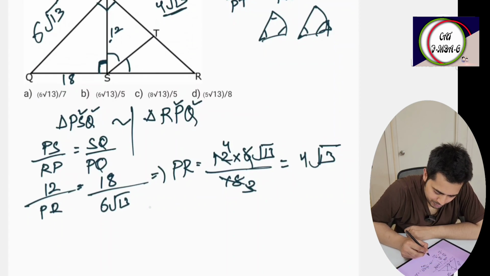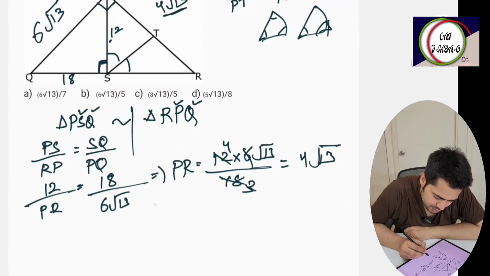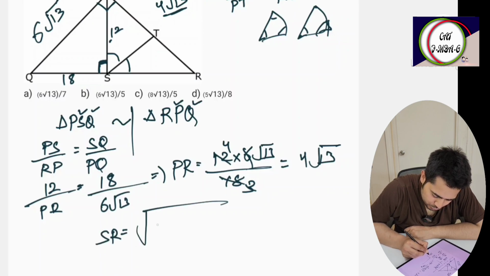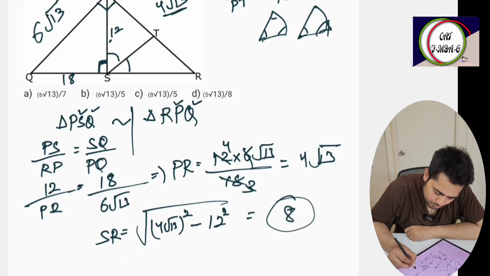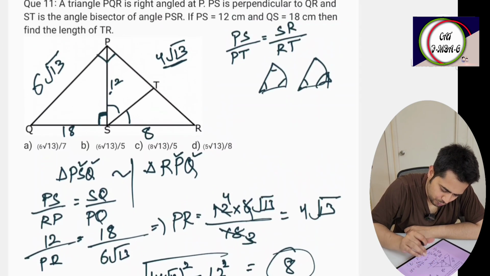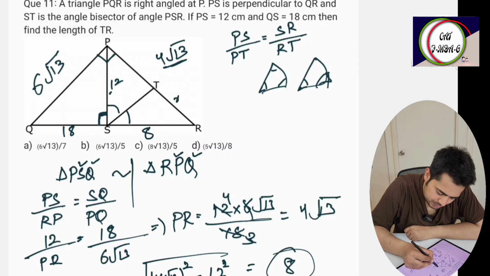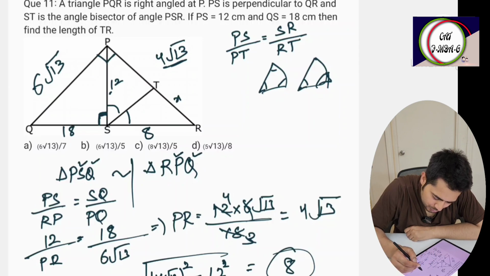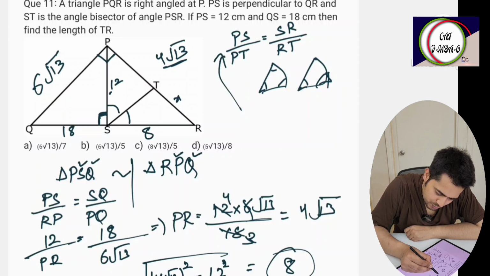If you calculate by Pythagoras theorem, SR is going to be 4 root 13 the whole square minus 12 square. If you calculate this, you will find it to be 8. So this is 8. Now let us say TR is X. Now by the angle bisector theorem, we can use this equation.